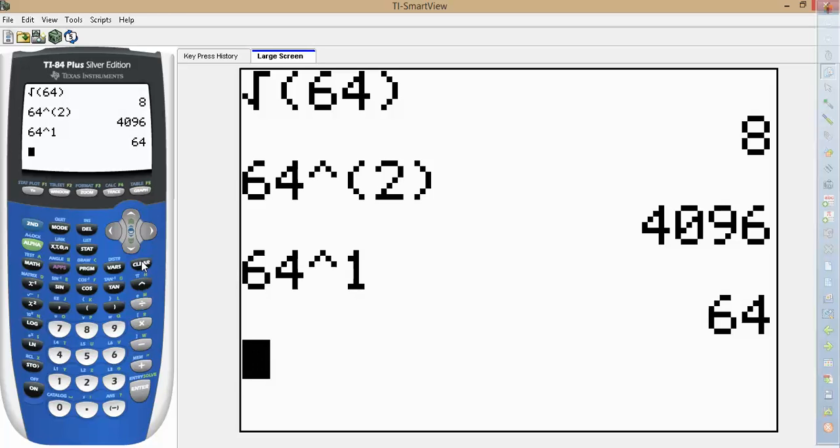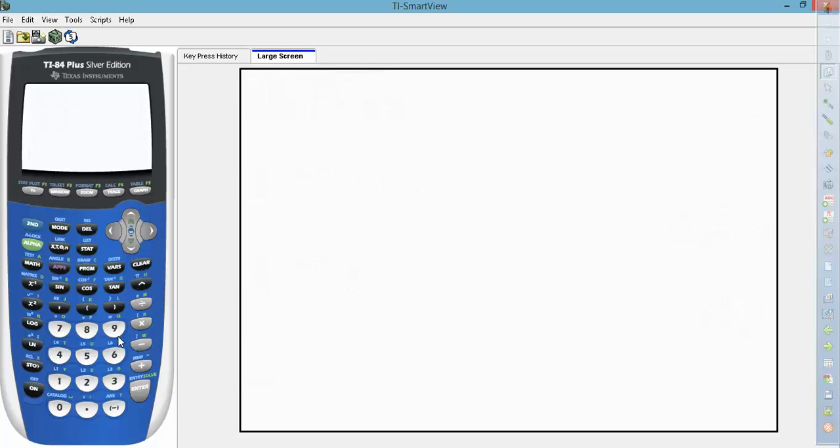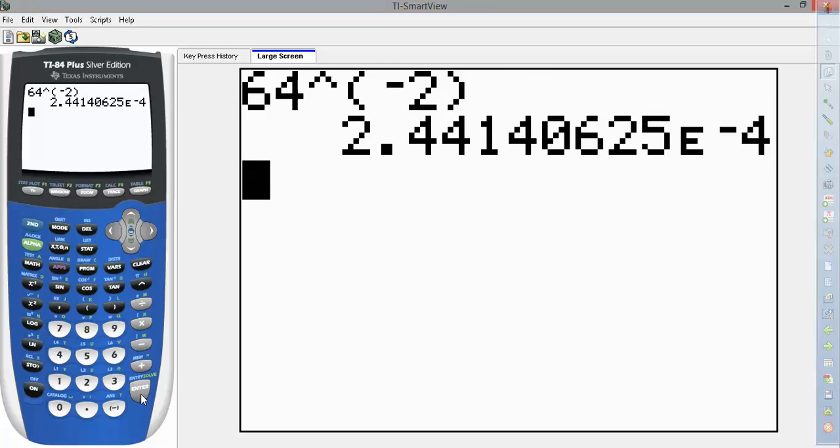So the next logical choice: let's raise 64 to some negative numbers. What happens if you take 64 and raise it to the negative second power? And we're expecting 8, right?